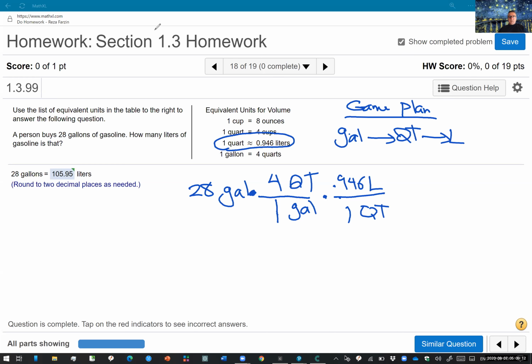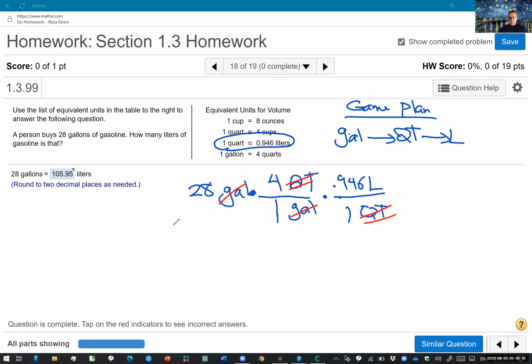Okay, so now let's see what's left. So first of all, we notice that gallon cancels gallon, right? Quart cancels quart, right? And what's left? Well, this is what's left. Okay, number-wise, what's left? 28, right?